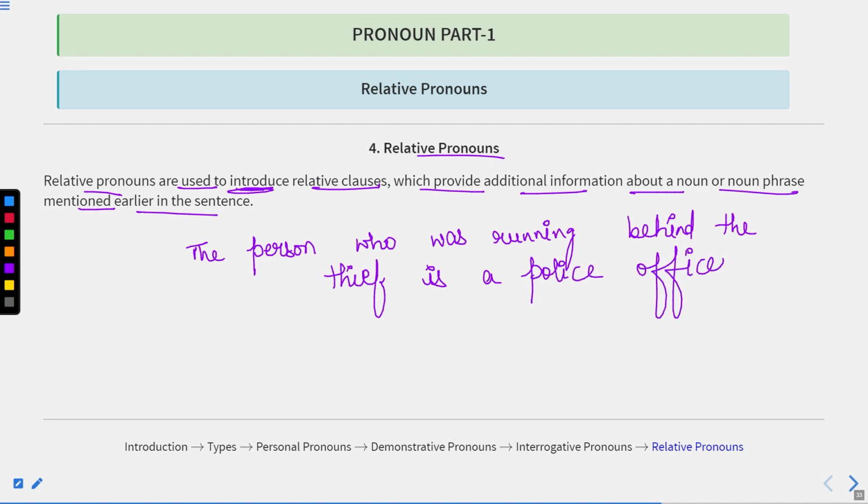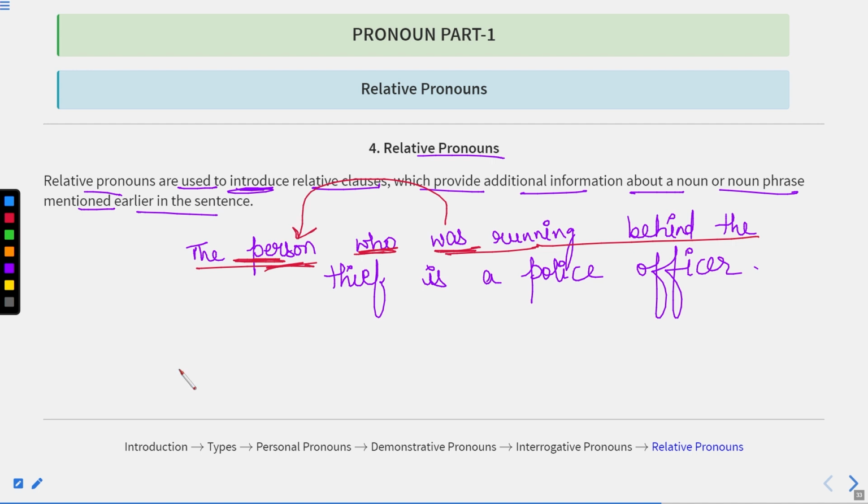Now here, if we see the sentence carefully, we have used the words the person, okay, who was running behind the thief. So was running behind the thief is another part of the sentence, and the person is the subject of the sentence. Now this who is relating these two clauses, where this work is done by this person.